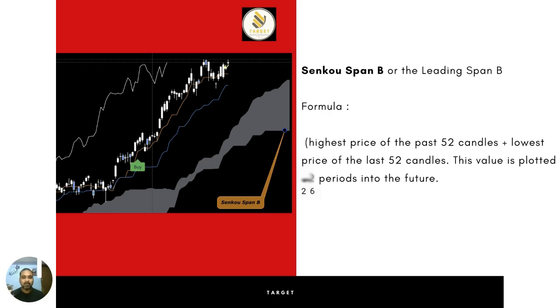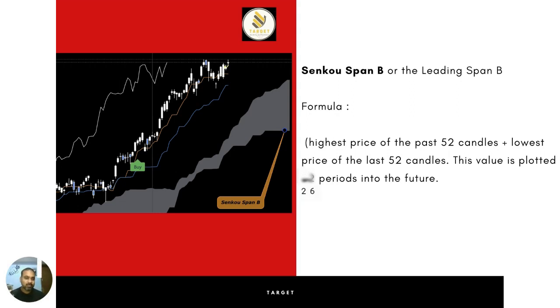Next, Senkou span B is also known as leading span B. Senkou span B is calculated by adding the highest high and the lowest low over the past 52 periods, dividing by 2, and then plotting it 26 periods ahead.